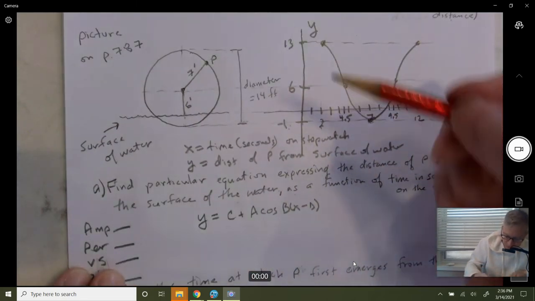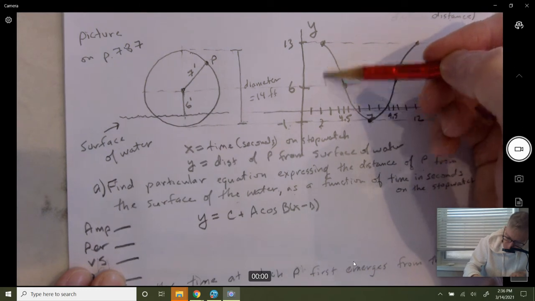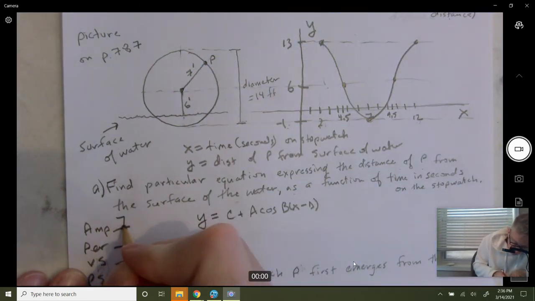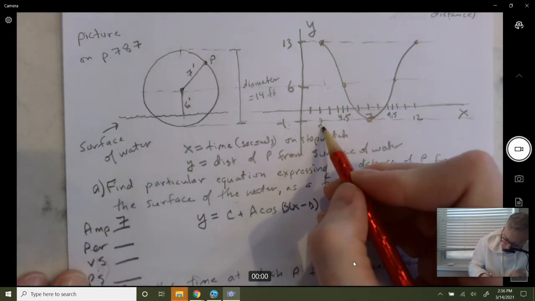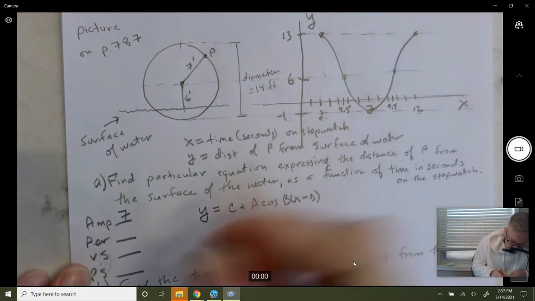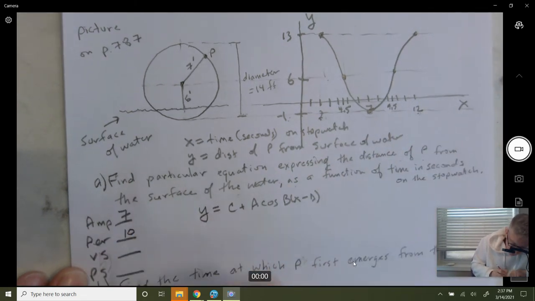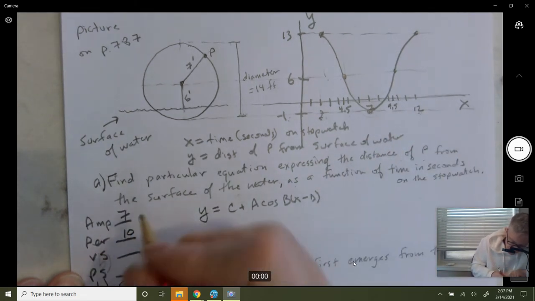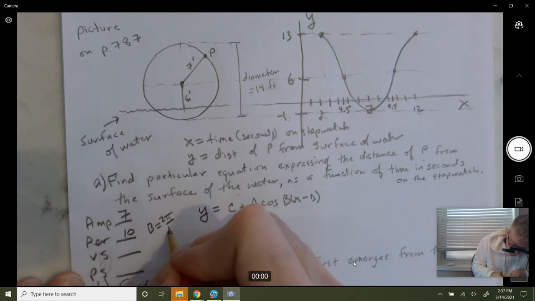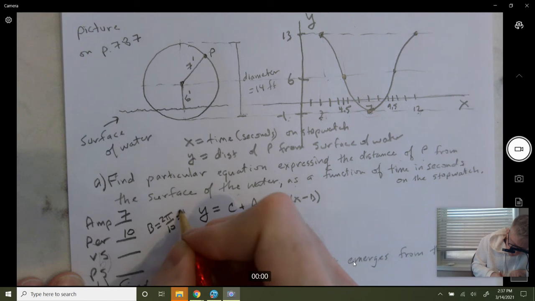Your amplitude is this distance from the middle to the top or middle to the bottom, which was 7, or it's the radius of the wheel. The period, the distance for one full cycle, started at 2 and ended at 12. So your period is 10, which means your B value we know is 2 pi over the period, 2 pi over 10, or pi over 5.